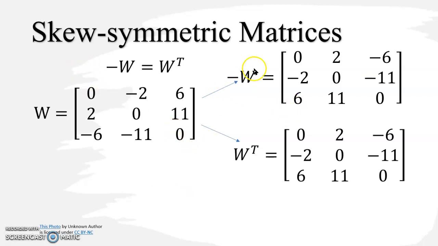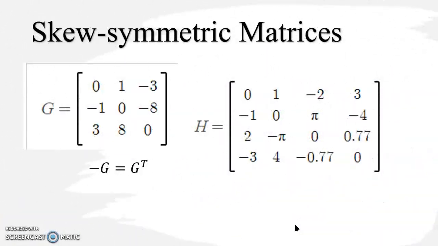You notice that the negative matrix and the transpose matrix are identical. Yay! So that's what skew-symmetric is, and you can see a couple other examples: zeros matching across the diagonal, but the signs change.